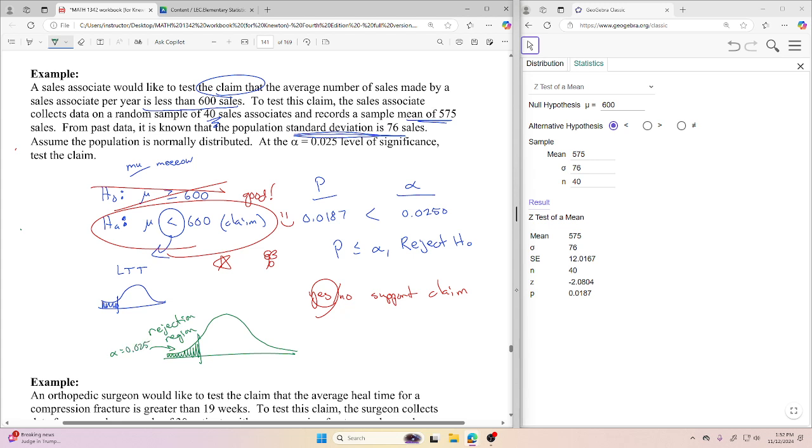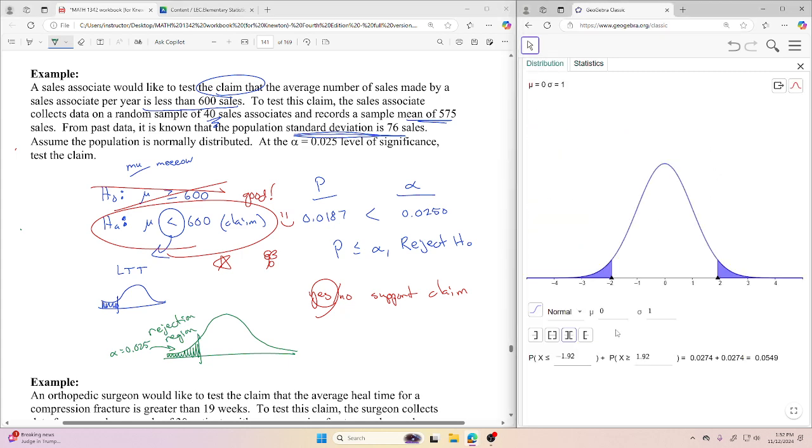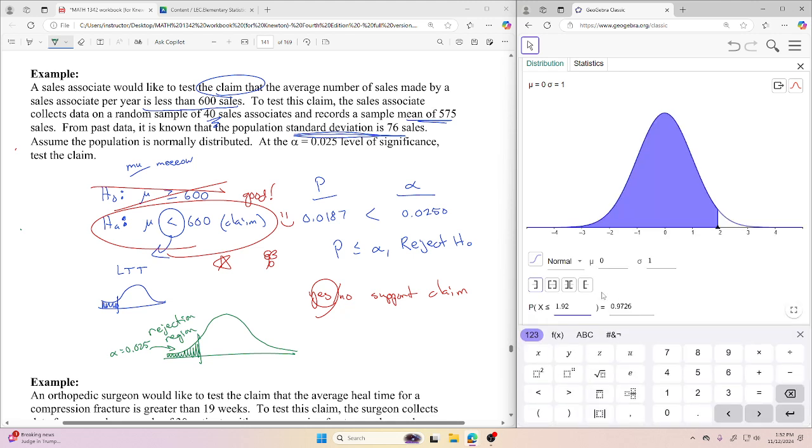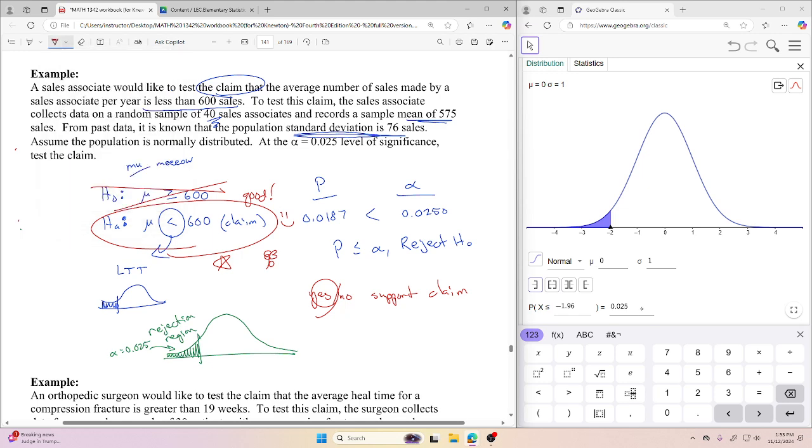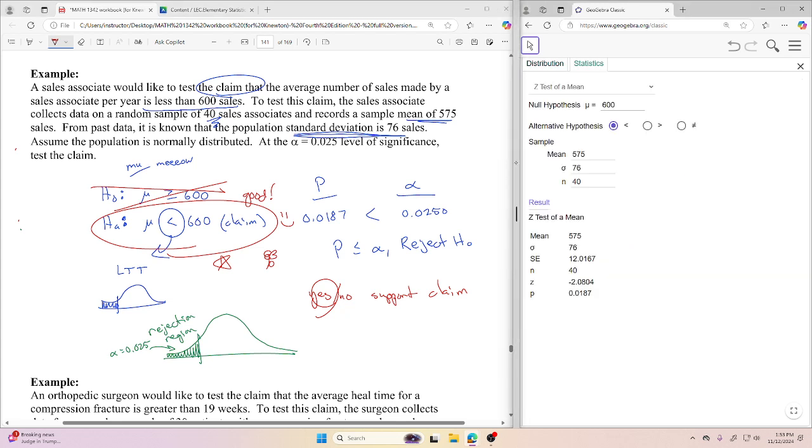That's 2.5%, and I can show you what that looks like over here. Like I could just draw a picture here. So yeah, it looks like that. There's my picture. That's called the rejection region. Now, I am going to come in with my result. And my result back from over here is negative 2.08.